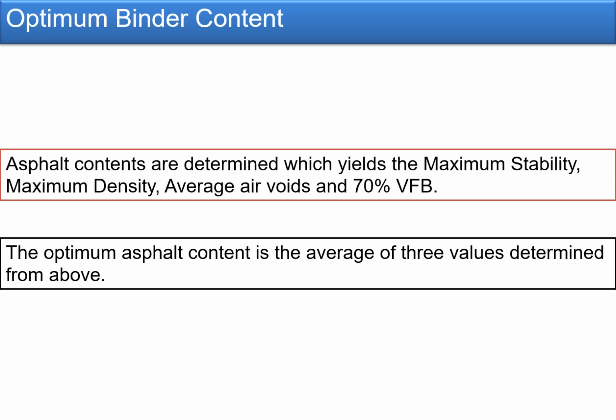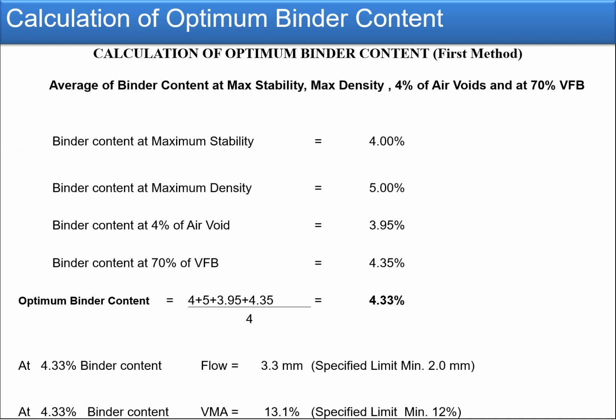For example, the binder content with maximum stability is say 4%, the binder content at maximum density is 5%, the binder content at 4% air voids is 3.95%, and the binder content at 70% of VFB is 4.35%. So the optimum binder content is the average of these four, which is (4 + 5 + 3.95 + 4.35) divided by 4, which is nothing but 4.33%. Actually, it is 4.325, which is rounded off in this particular case to 4.33%.